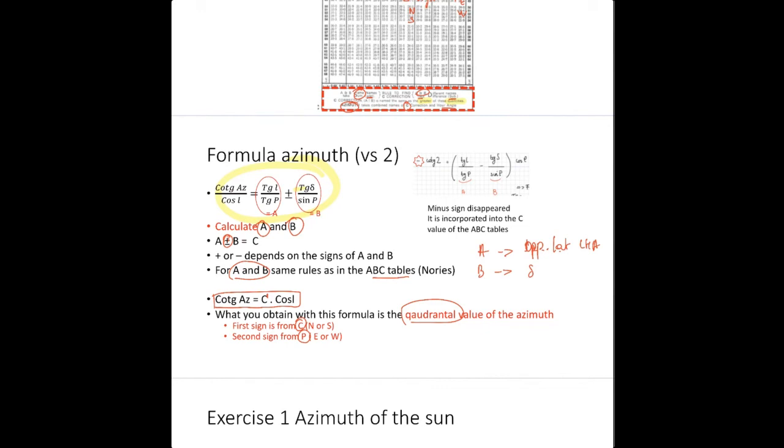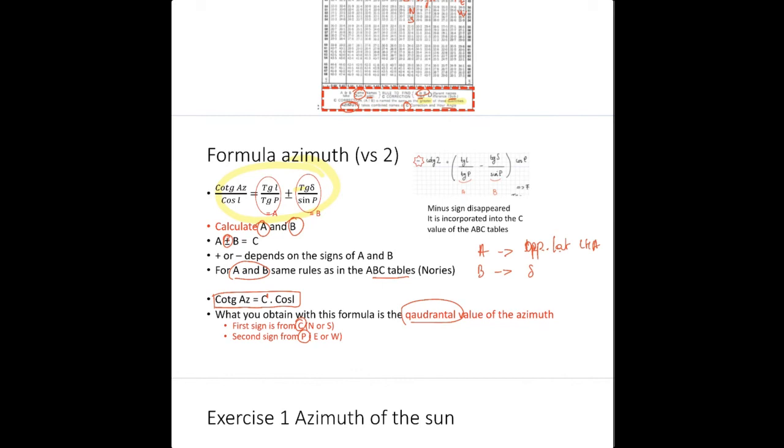So, three ways to calculate an azimuth. I know the most popular one is the ABC tables. The runner-up is the second version of the formula, and I hardly ever see anyone using the first formula.